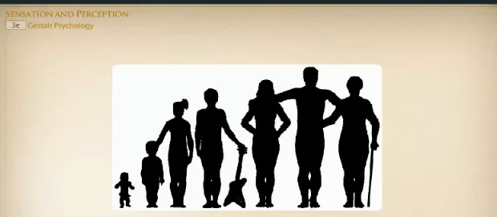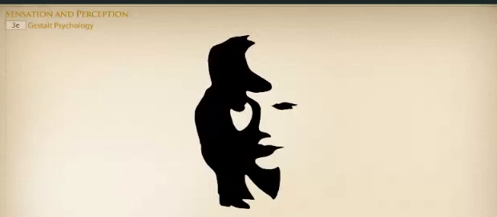The figure is the thing being looked at, and the ground is the background against which it stands. Figure and ground are not usually interchangeable, but they are in this reversible figure. So the question is, do you see a saxophone player here or a woman's face? It depends on what you see as the figure and what you see as the ground.